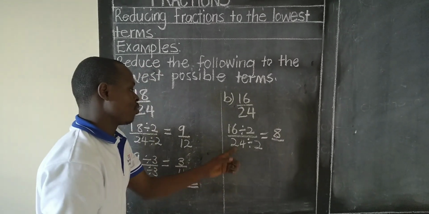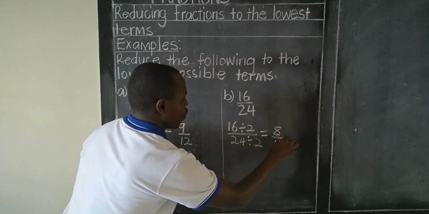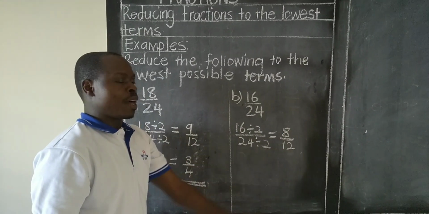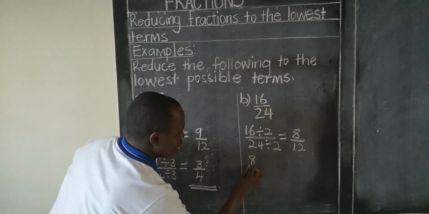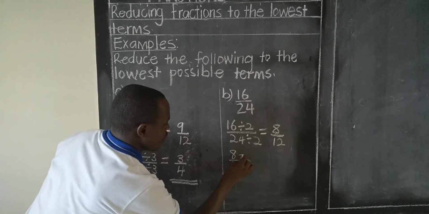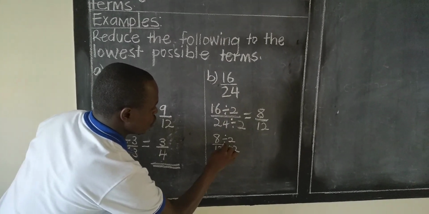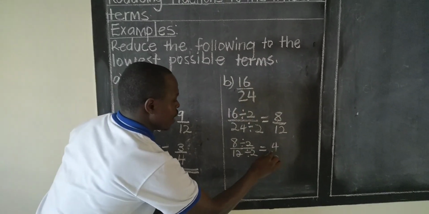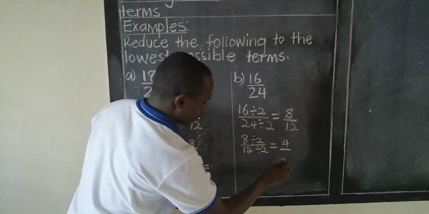Then 24 divided by 2, we are going to get 12. We find that 8 out of 12 can still further be divided by 2. So 8 divided by 2, we get 4, and then 12 divided by 2, we shall get 6.